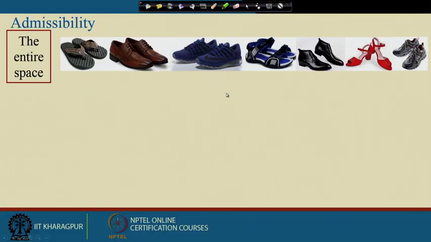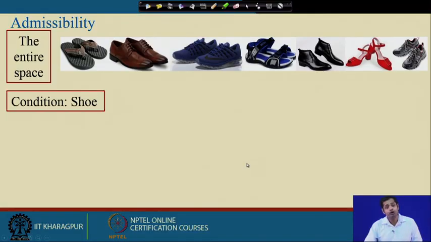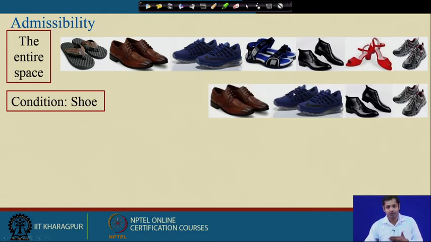And what are your requirements? First, it should be a shoe. You don't want a slipper or chappals, you want a shoe. So from this entire collection you take only those which are shoes. Out of all 7, these 4 satisfy this condition.